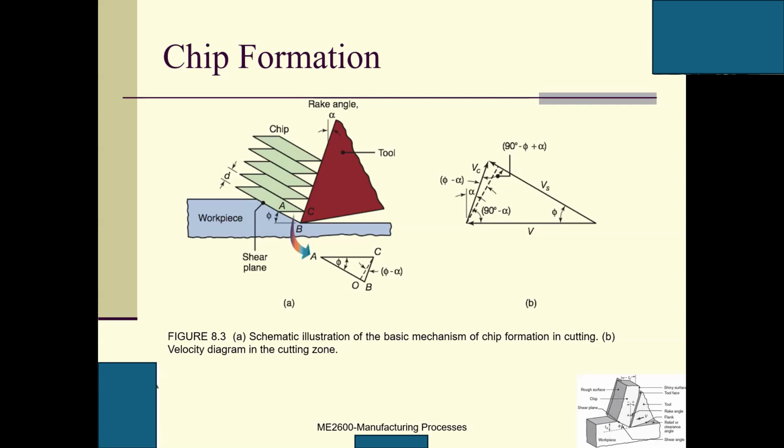So this gives us the relationship between V, the cutting speed, and VC, the chip velocity, chip speed along the rake face, and also the shear speed on the shear plane. So the sine theorem gives us this relationship. Okay? So this is a very important one.